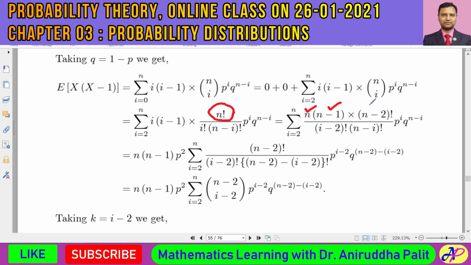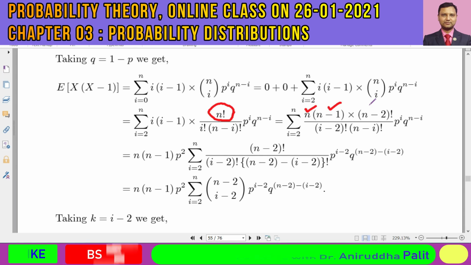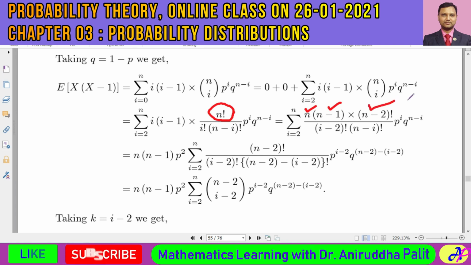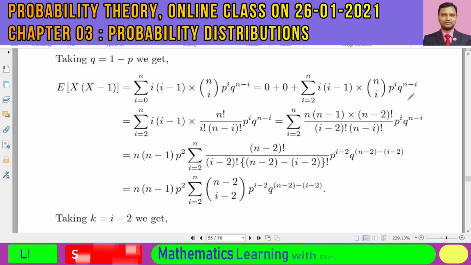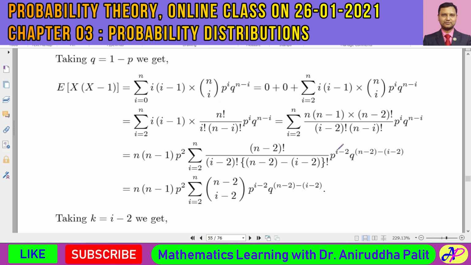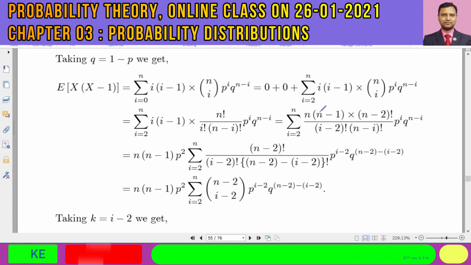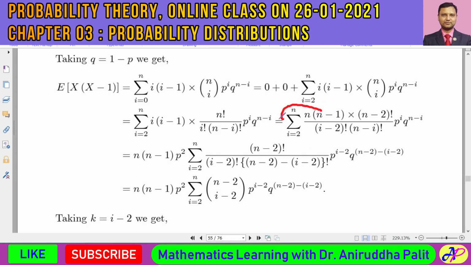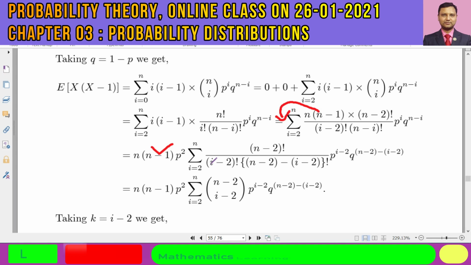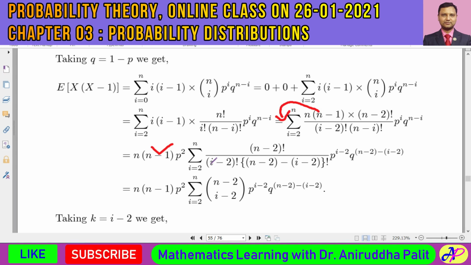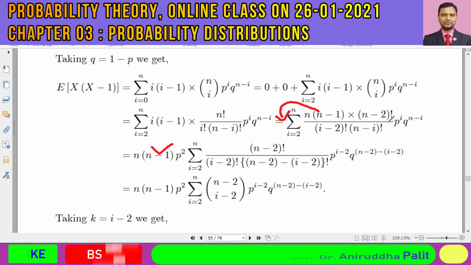Then we shall have factorial of n minus 2. Therefore, we actually have this kind of relation. If we take this n into n minus 1 outside this summation symbol, we are writing over here n into n minus 1. And to adjust this result, we are extracting these two factors.